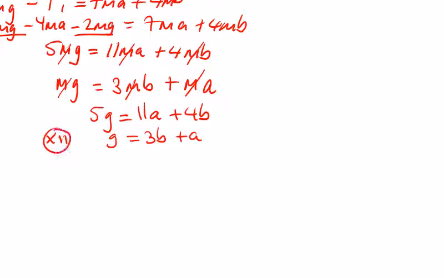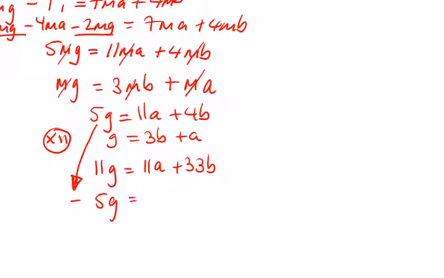Multiplying the second one by 11, 11g is equal to 11a plus 33b. And I've got 5g, multiplying this one by minus 1, is equal to minus 11a minus 4b.